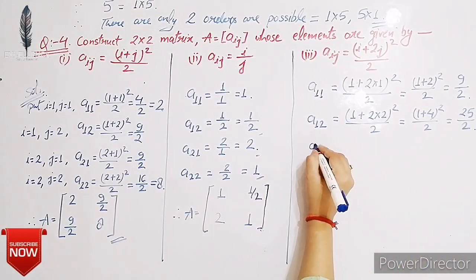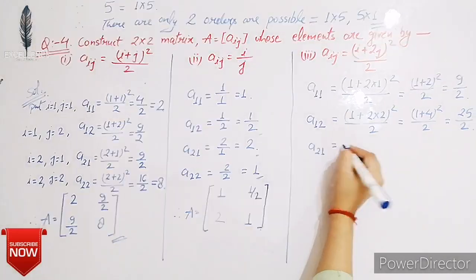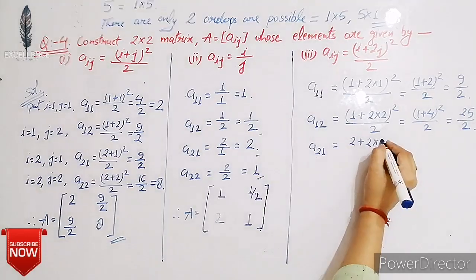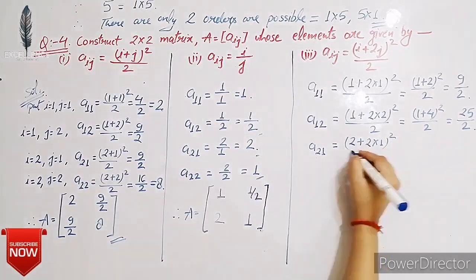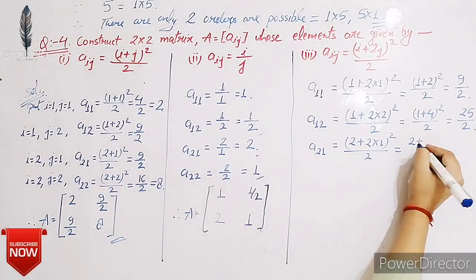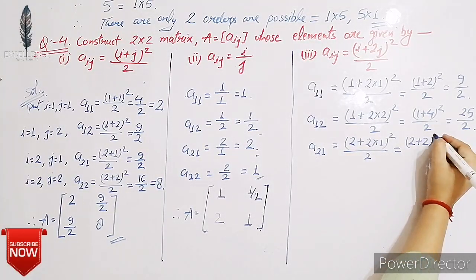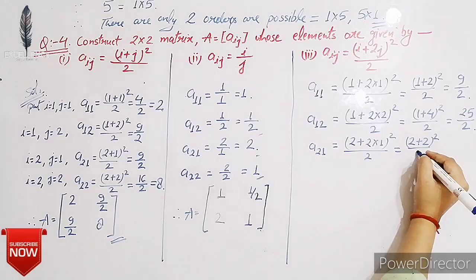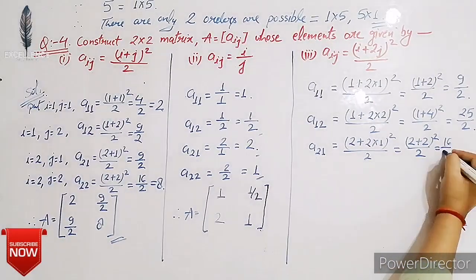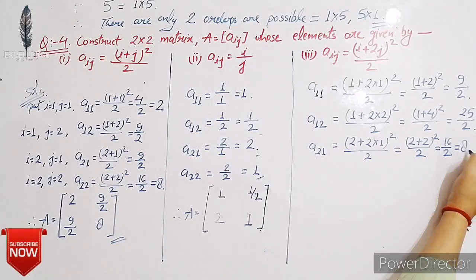OK. For the third element A21, put i equals 2, j equals 1, that is (2 plus 2 into 1) whole square upon 2 equals (2 plus 2) whole square upon 2 equals 4 square, that is 16 upon 2 equals 8.